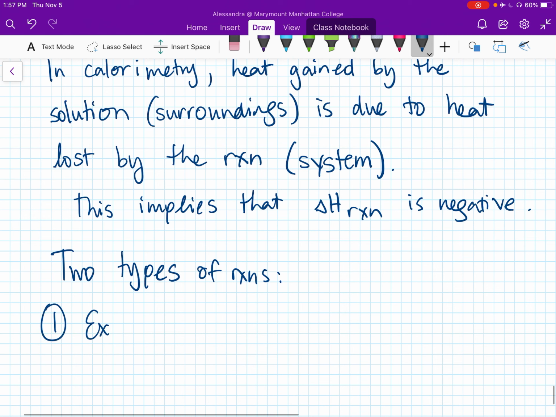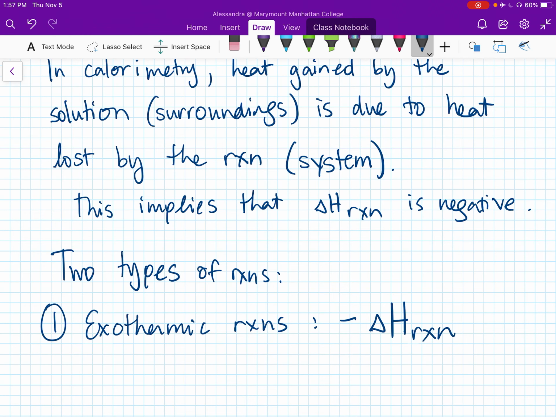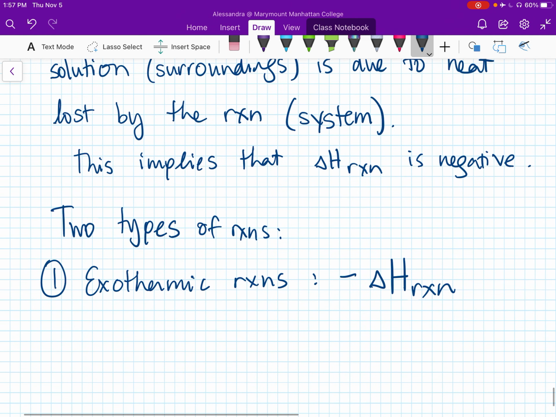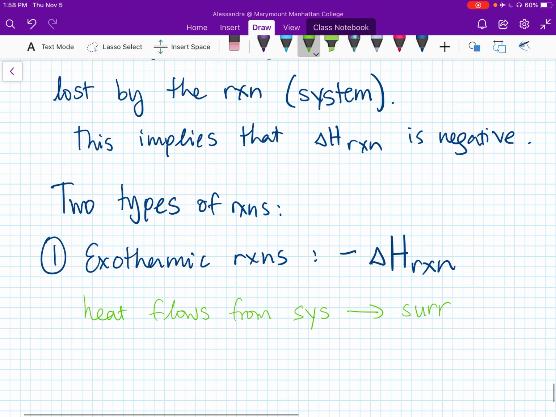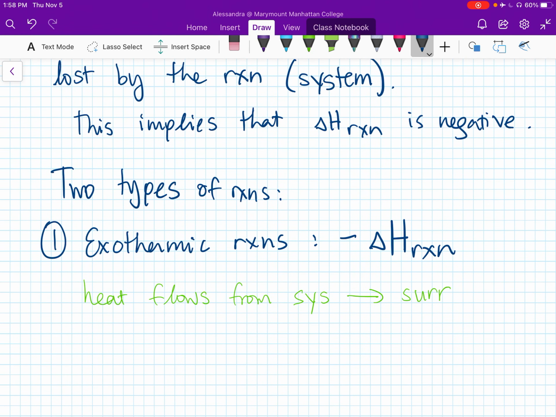And exothermic reactions have negative changes in enthalpy. So that negative sign implies that heat is flowing from the system to the surroundings. Okay, because the sign convention is always from the point of view of the system. And that is like the example that we just saw.